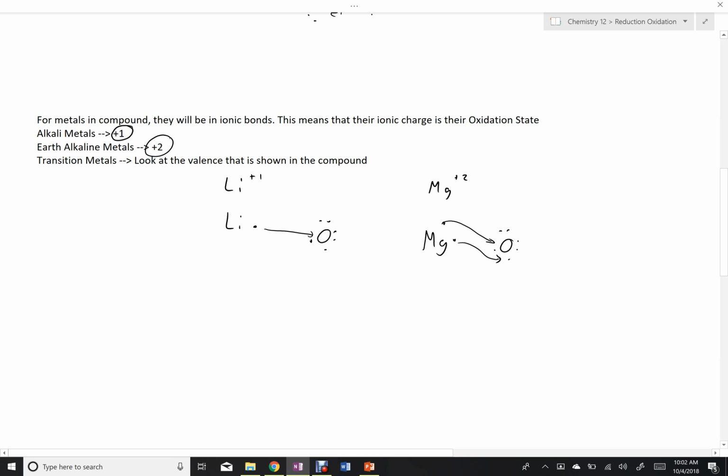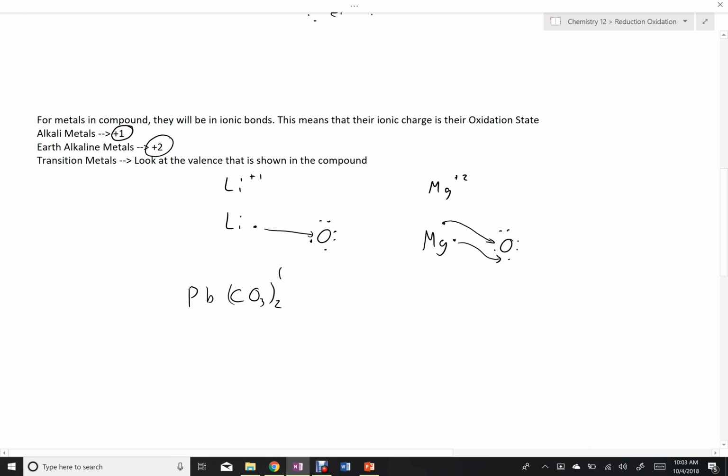We need to be careful here because we can have some tricky cases, something like lead carbonate, for example, where if we look at this without putting much thought into it, we might think that that lead has a charge of 2 plus by reversing our crossover.